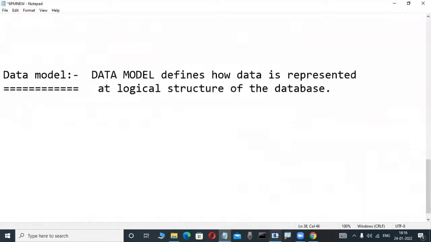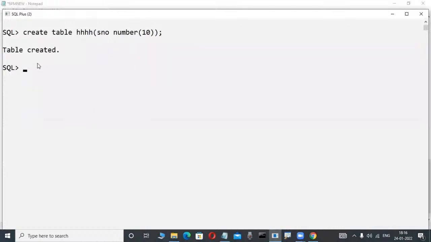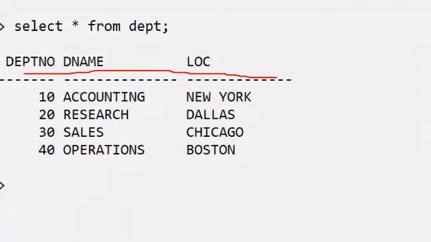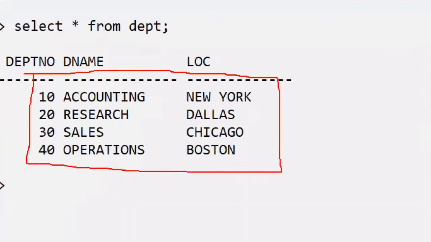Now in this database, how data is represented is specified in the format of records, but these collections of records are in matrix format, rows and columns. That's why this is a data model: how data is represented at a logical structure.